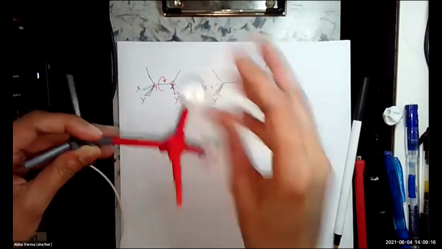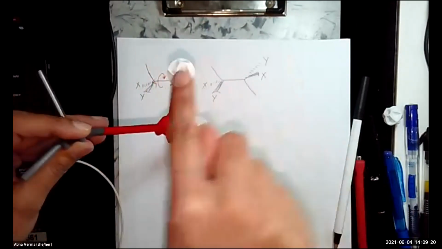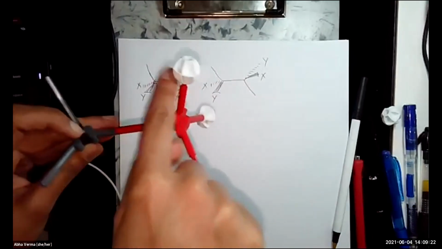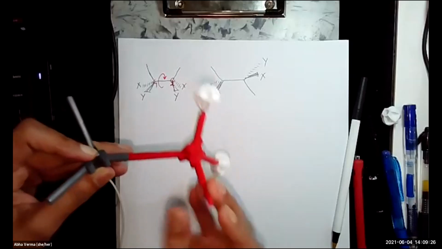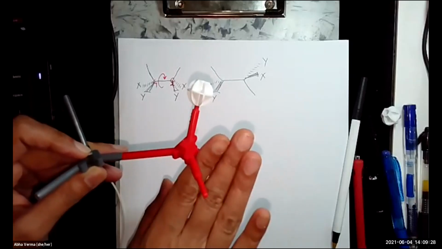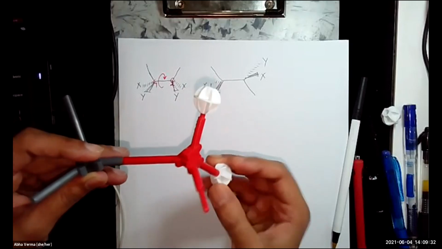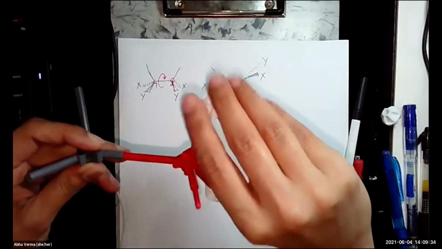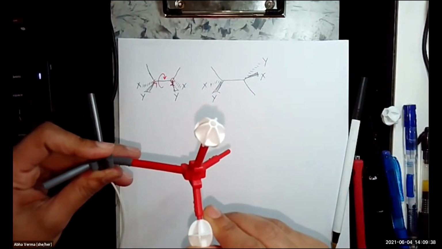So let me show this to you again. This is my original planar methyl group or whatever group that is. This group which is coming out of the plane is my Y. This group which is going at the back of the plane is X. And I'm rotating my planar bond from one view to the other.